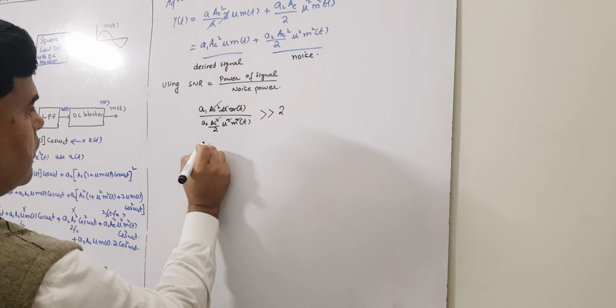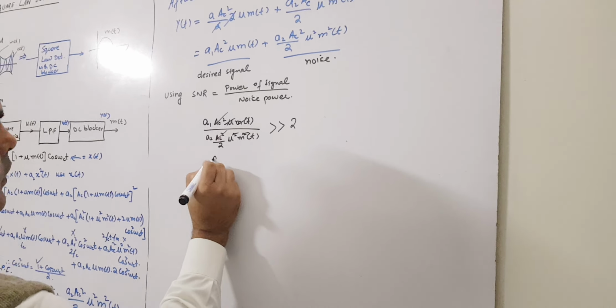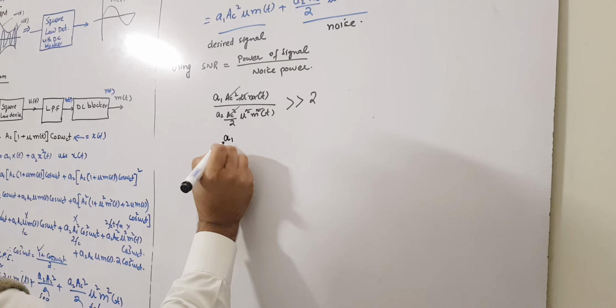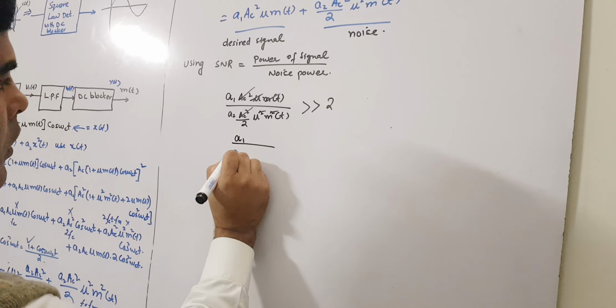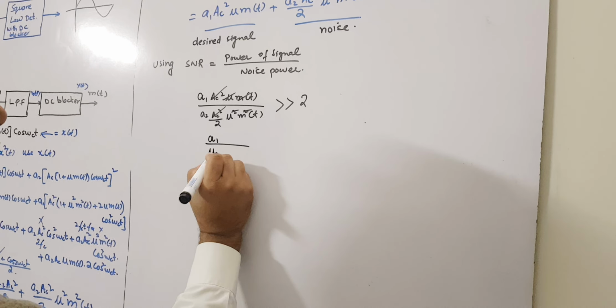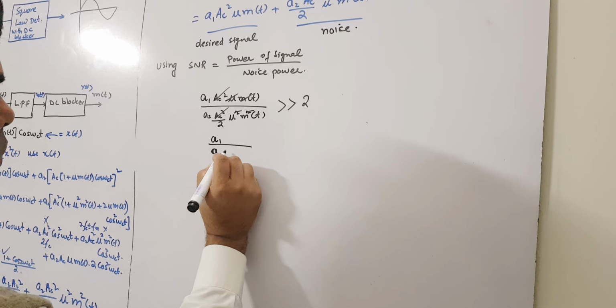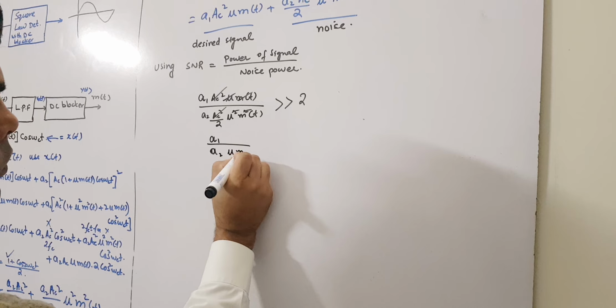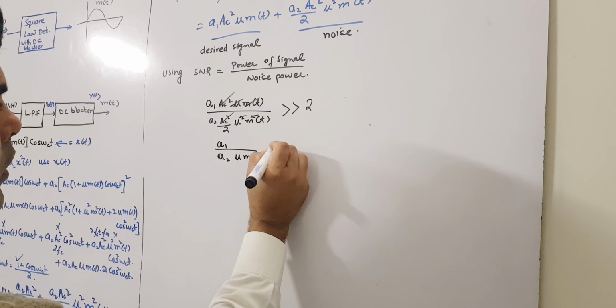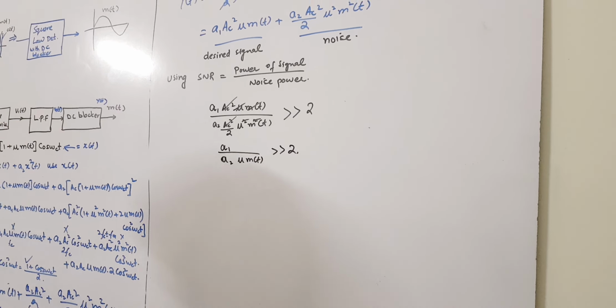So the remaining signal you have is A1 or mu A2 mu of m t equal to 2.